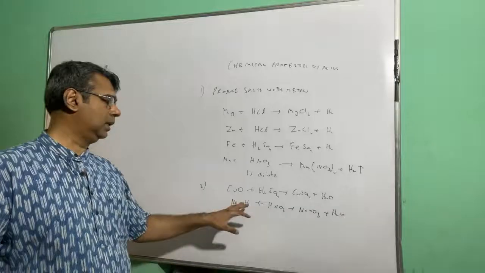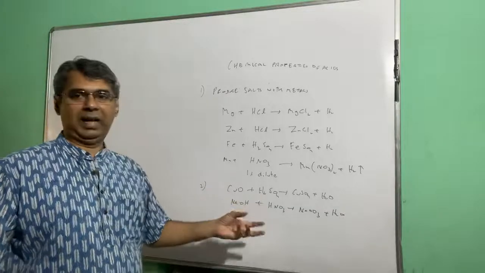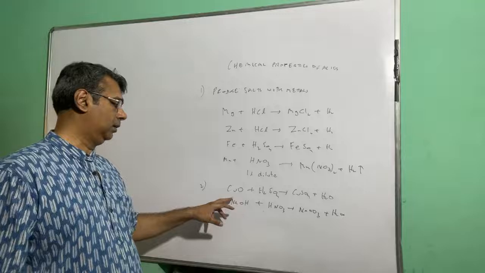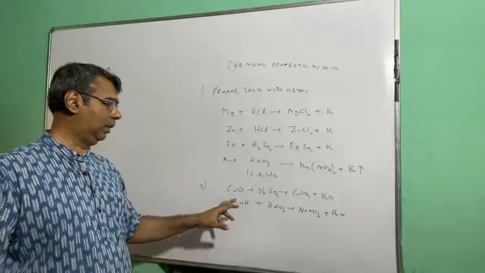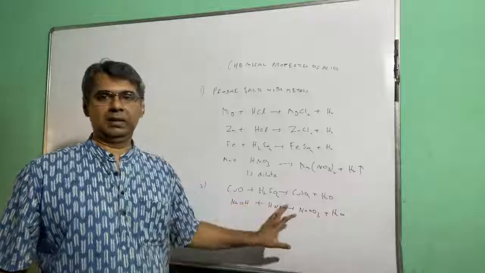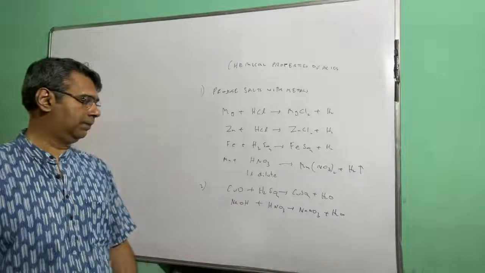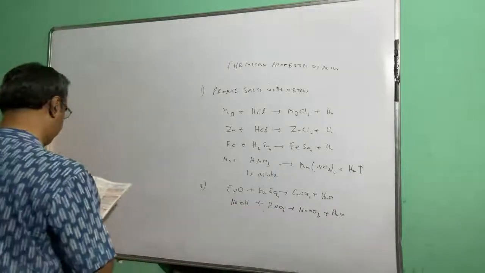That means from the acid, hydrogen will come out, and from the base, oxygen or OH, whichever, will come out and produce water, and the remaining will combine to give us salt. This is number 2.